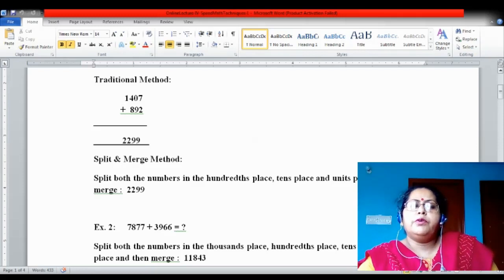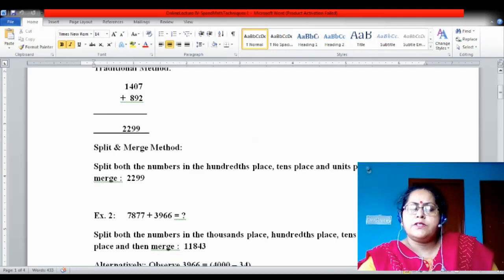Okay, next we will continue with the split and merge method also, but sometimes we need not split all the digits in the different places, but we can think in a different fashion also. So observe that 3966.